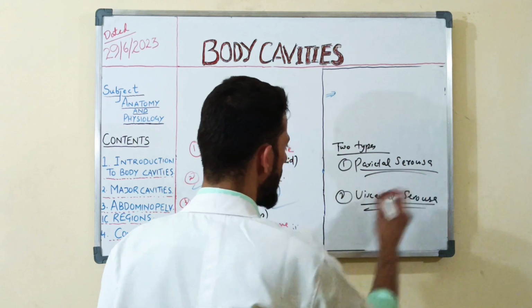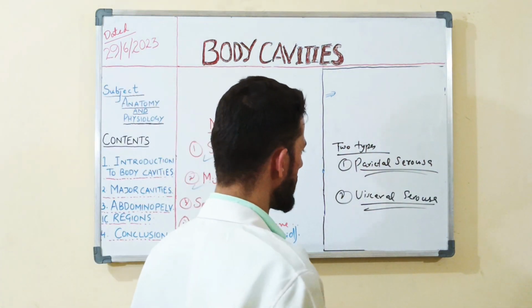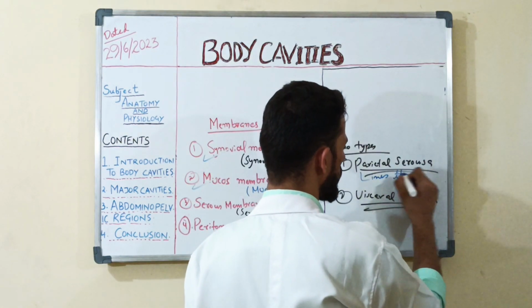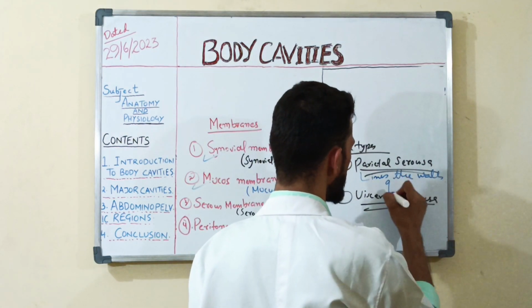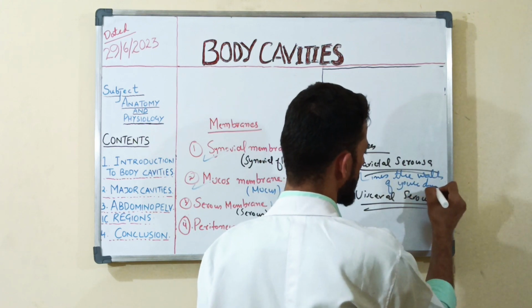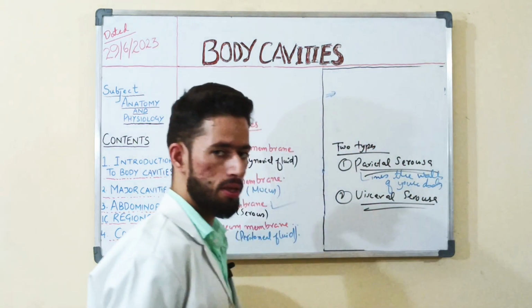What is this parietal serosa? The parietal serosa mainly lines the internal walls of your body, for example, the chest wall.